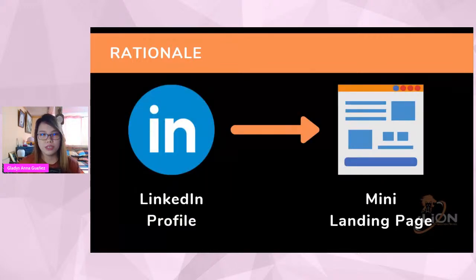Okay, so in other words, sa lahat ng sinabi ko kanina, ito lang talaga yung meaning niyan. Ang reason ba't natin ino-optimize yung LinkedIn profile is because yung LinkedIn profile natin, it's like a mini landing page that we have on LinkedIn.